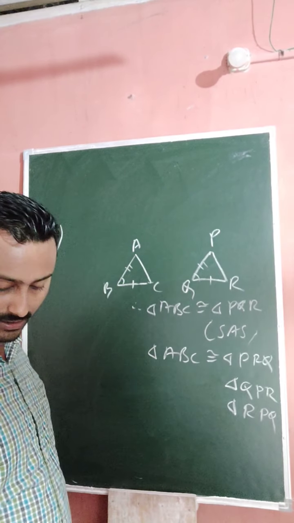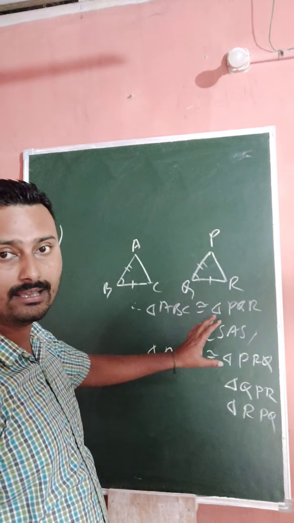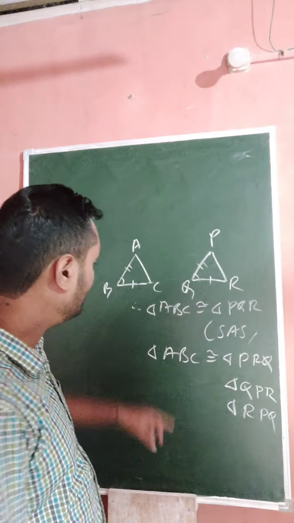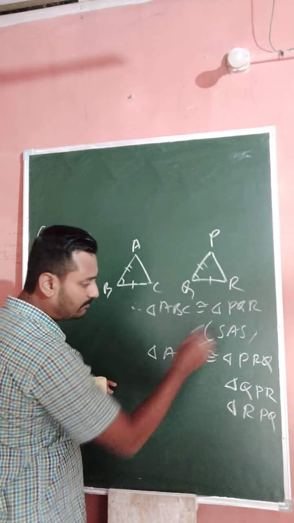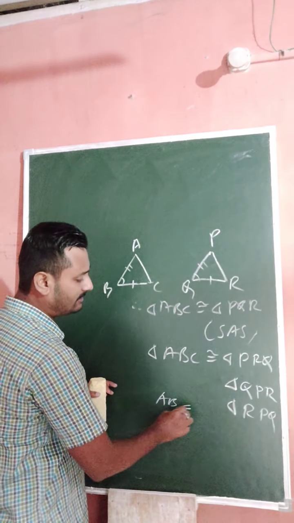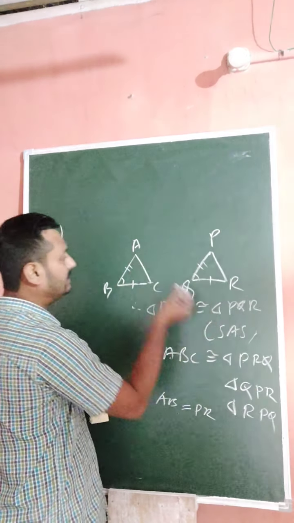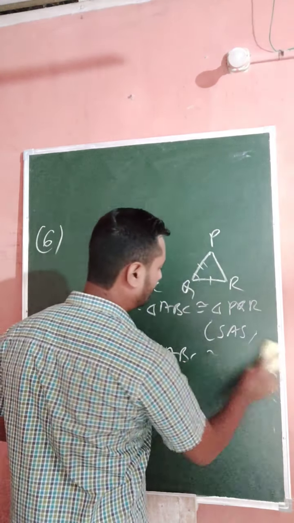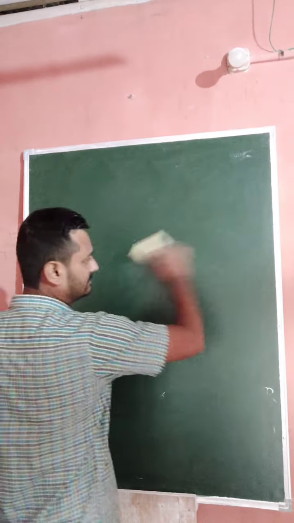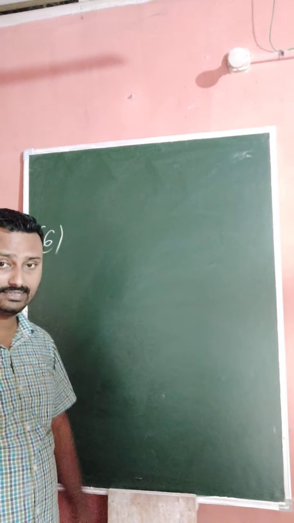You have to follow the corresponding rule here, because if triangle ABC is congruent to triangle PRQ, that means AB must be equal to PR. But in this case, AB is equal to PQ. So these are very important things to remember. That is why the word corresponding is used here.